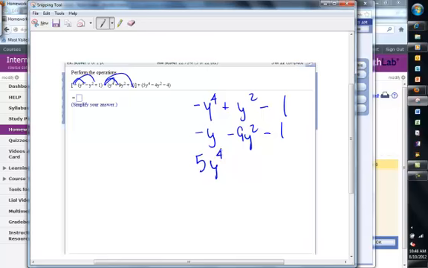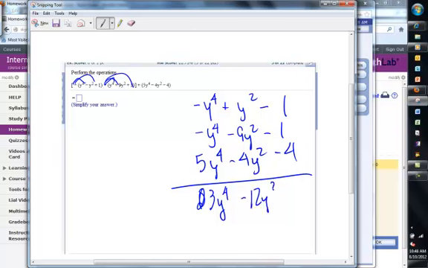5y to the 4th minus 4y squared minus 4. So we have 5y to the 4th minus a y to the 4th minus another y to the 4th is 3y to the 4th. Negative 9 minus 4 more is negative 13, plus 1 is negative 12y squared, minus 6.